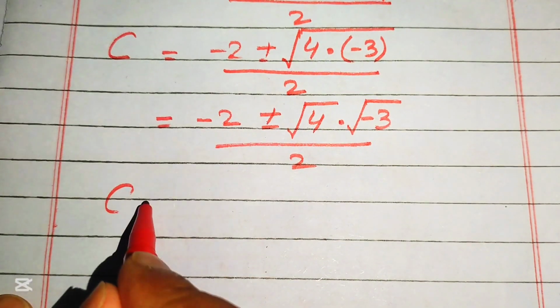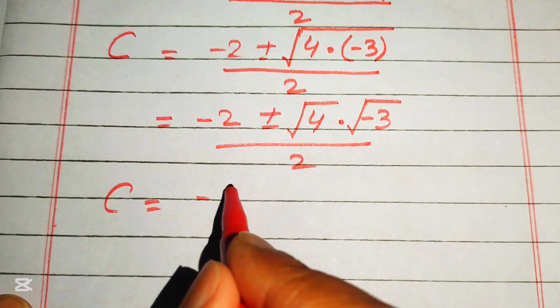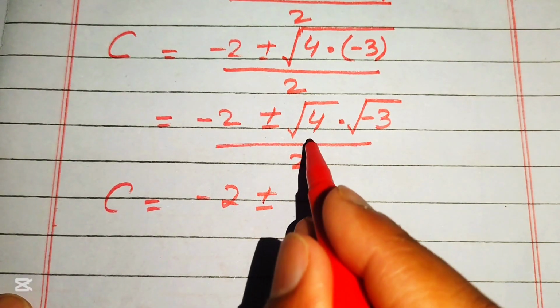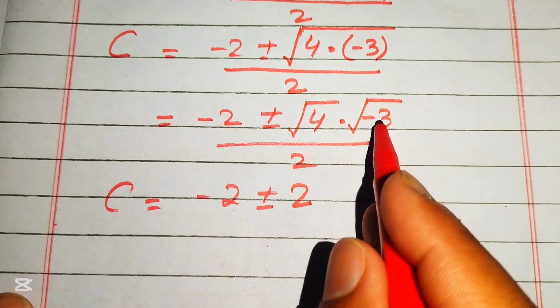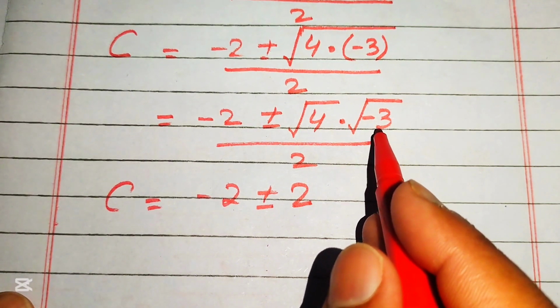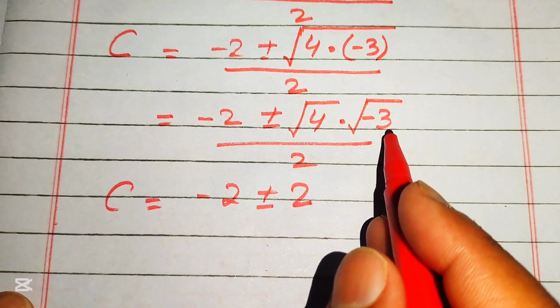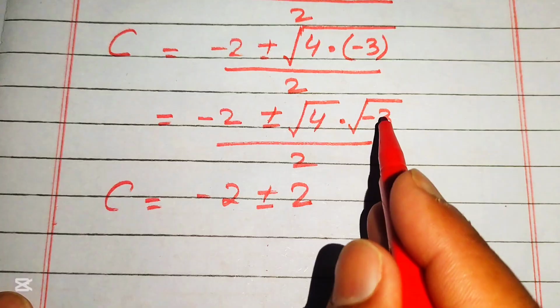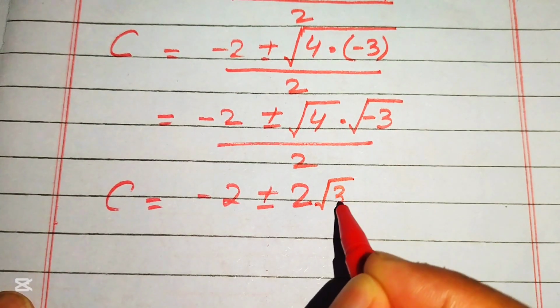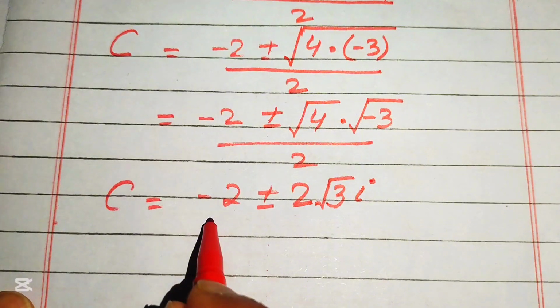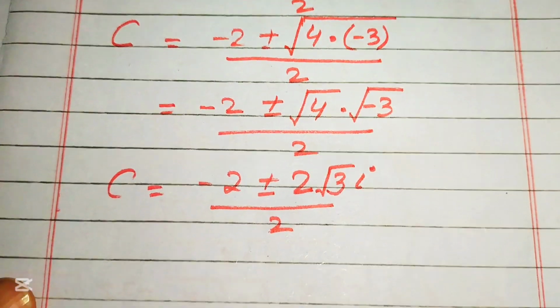Further, c = −2 ± the square root of 4, which is 2, and the square root of −3. You know that if a negative sign appears inside the square root, it will become iota, and we write this as √3 times iota, divided by 2.